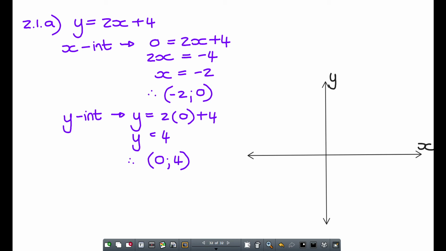If x is minus 2 and y is 0, it would be round about here. And if x is 0, then y will be 4. So over there, which means that it's going to look like that. Maybe I should do it in a different color so you guys can see.